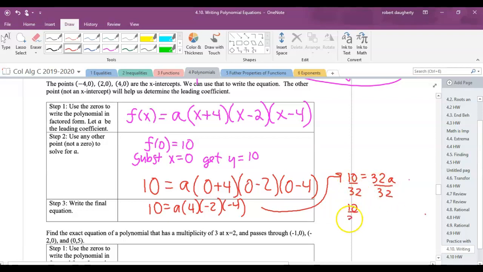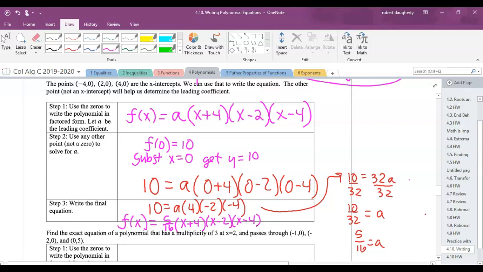So 10 over 32 equals a, or you could write it as 5/16 equals a. Either one of those is okay. So what is my exact equation? My exact equation is f of x equals 5 over 16 times (x plus 4)(x minus 2)(x minus 4).